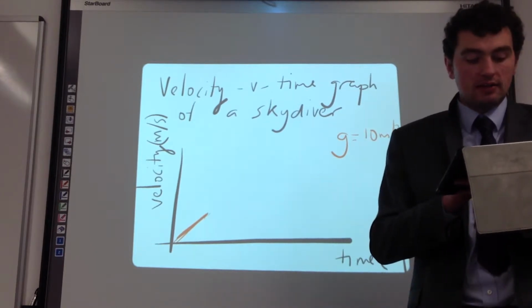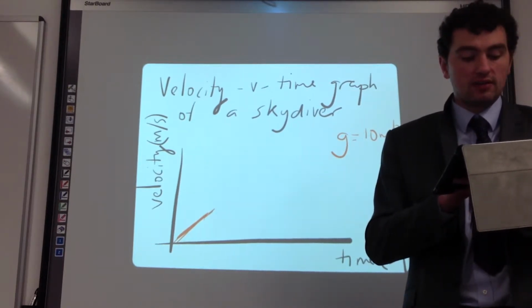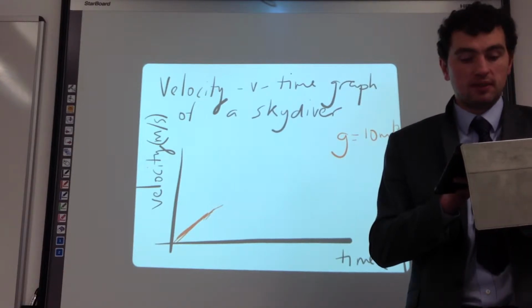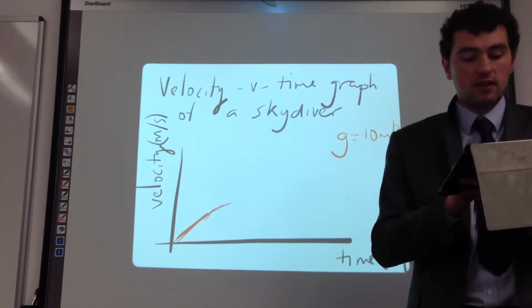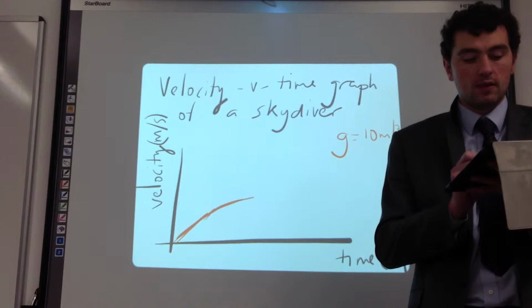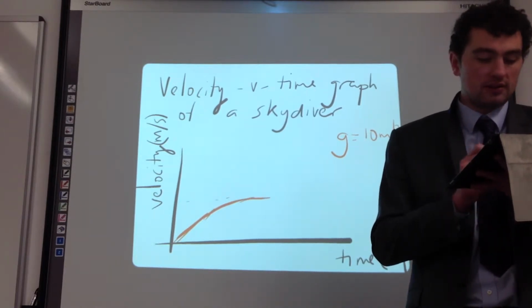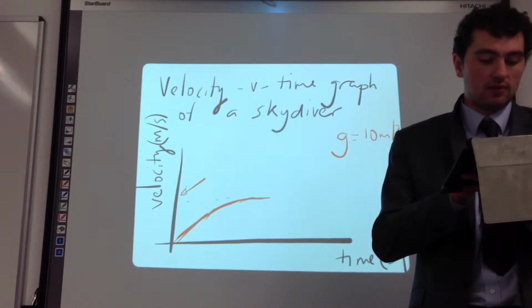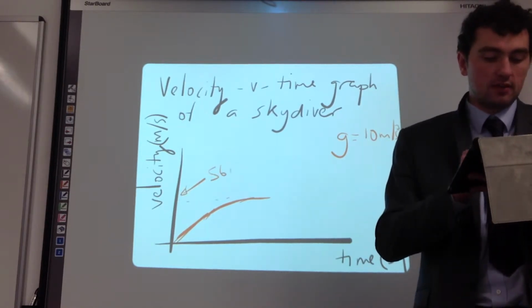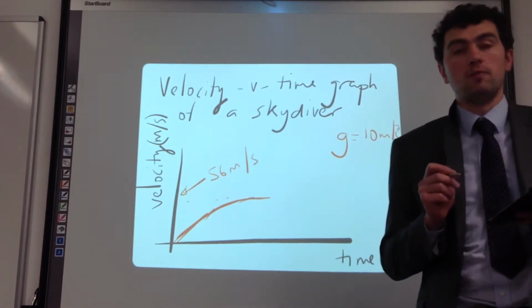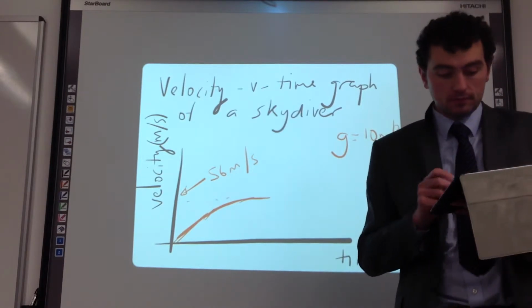But as the drag increases, the resultant force decreases, which means his acceleration decreases, which means it levels out. At this point here, where it's straight, that is terminal velocity, and that value there is about 56 meters per second for a human being jumping out of a plane.